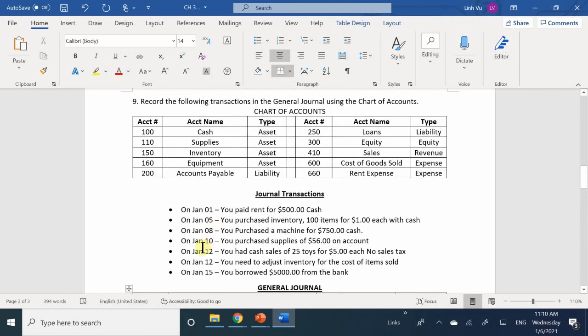Now here's the next one for January 10. You purchased supplies of $56 on an account. Okay, so what does this mean? So we're going to debit supplies, good, because we're purchasing an asset. Then credit accounts payable.